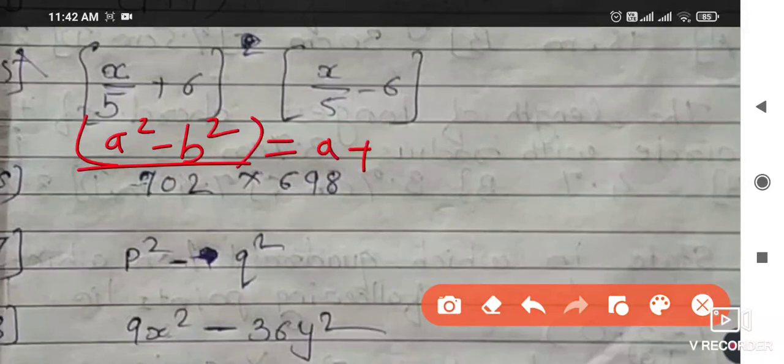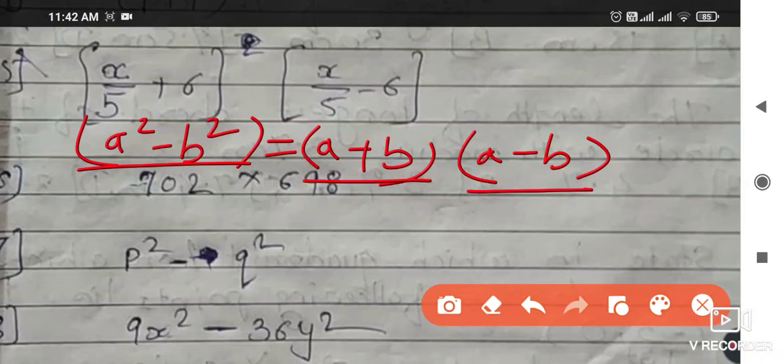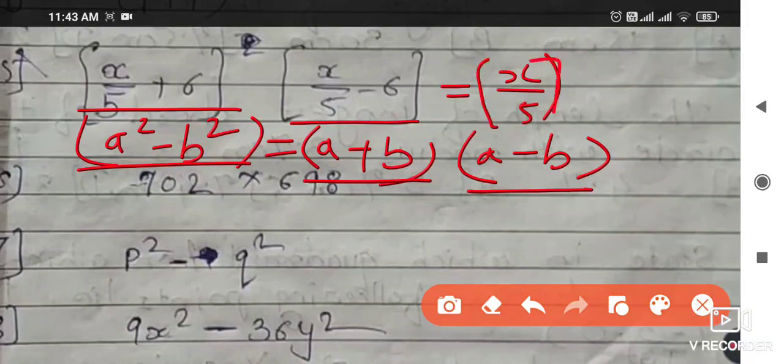A plus b and a minus b. Okay, so here a plus b and a minus b means these two same numbers, addition and subtraction is given here. So the answer is x minus x upon 5 bracket square minus 6 square.